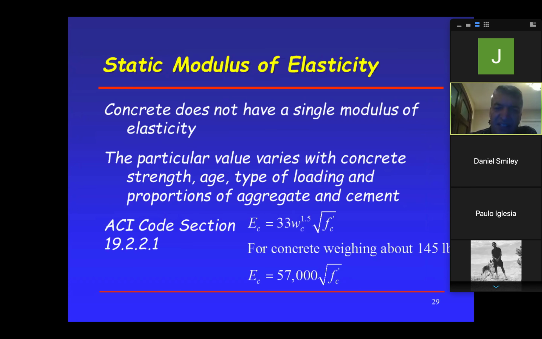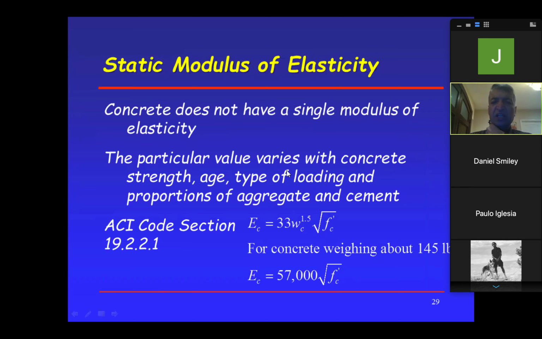But the concrete does not. Let me jump here. Look at the formula for concrete. The modulus of elasticity is 57,000 square root of f'c, meaning that it depends on the value of f'c, you calculate Ec. But the steel, both the reinforcing steel and the structural steel, the modulus of elasticity, we call it Es, is 29,000 KSI. All right?